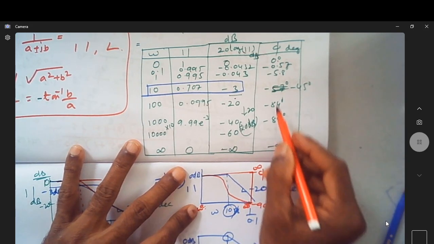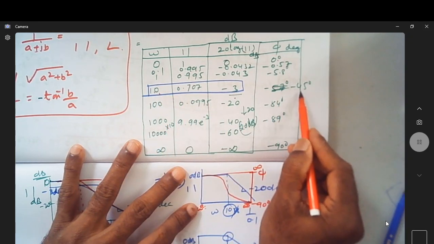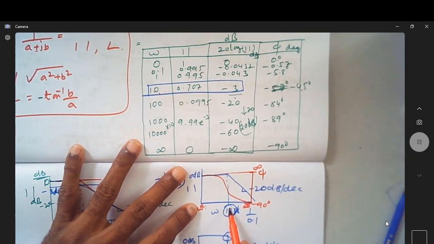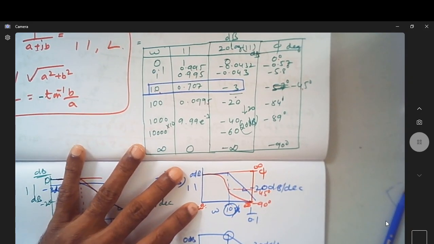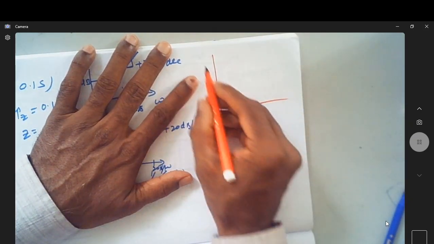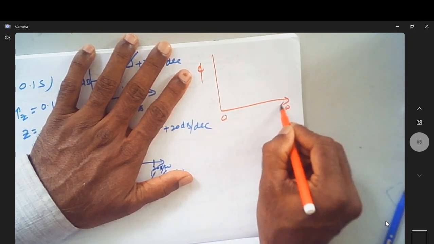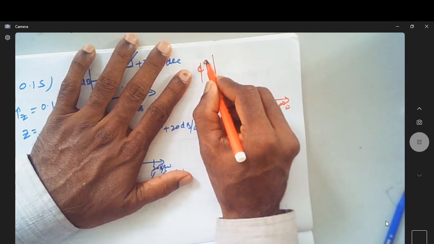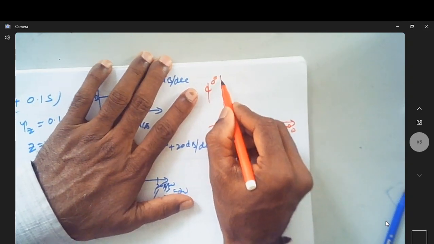When omega is 10, the phase is minus 45 degree. So you can think of omega going from 0 to infinity. If this is 0 degree and this is minus 90 degree, it actually goes like this.